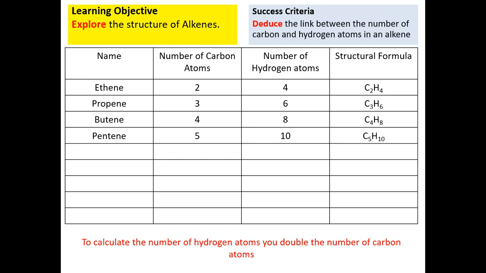If you need to, go back and look at your notes for the alkanes: the names are exactly the same, just with "ene" on the end instead of "ane." You're going to go all the way up to 10 carbon atoms, writing in the number of carbon atoms, the number of hydrogen atoms, and then the structural formula. So pause the video now and complete that task.